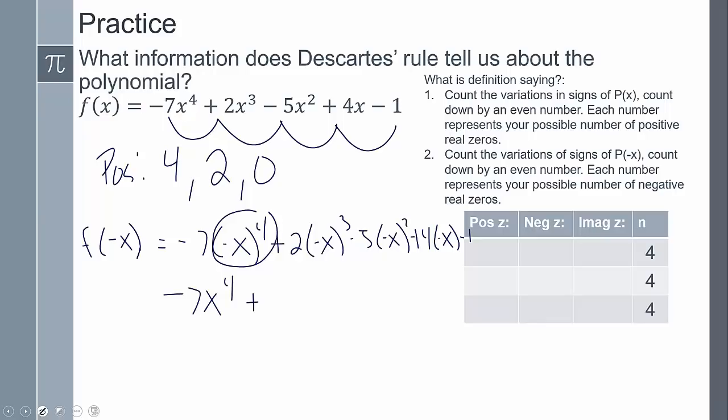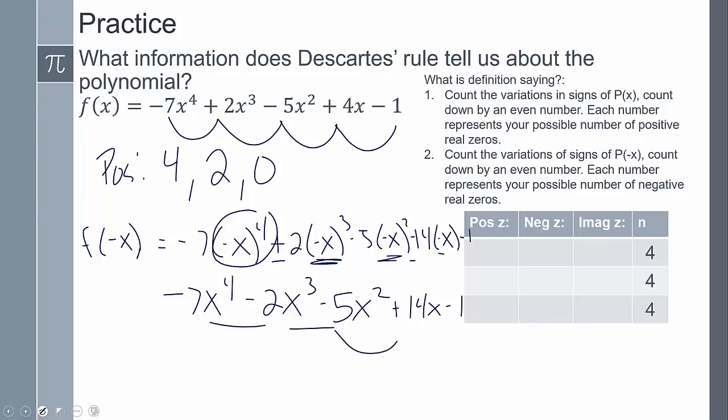This is going to change, because I have 3 negatives, negative times a negative times a negative times a positive. Here, that's squared, so nothing changes. Negative, negative is a positive. And then that. So counting, doesn't change, 1 change, 2 changes. So I have 2 and 0 for my negative possibilities.